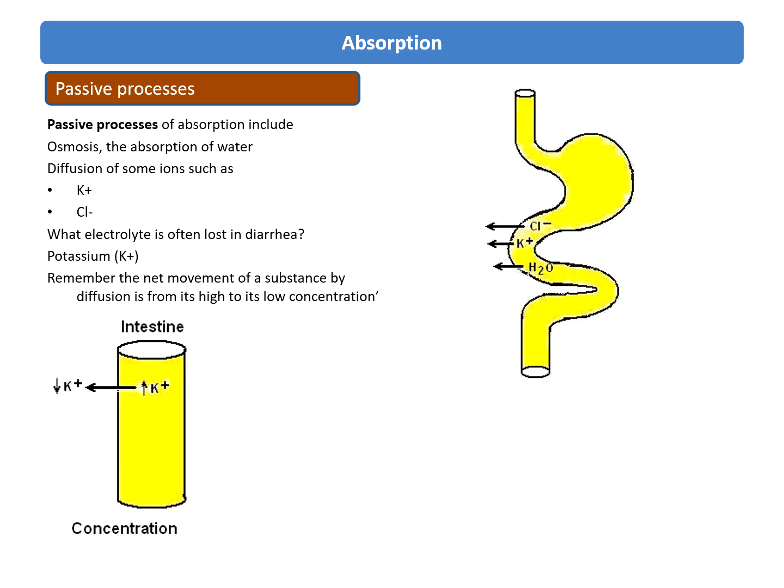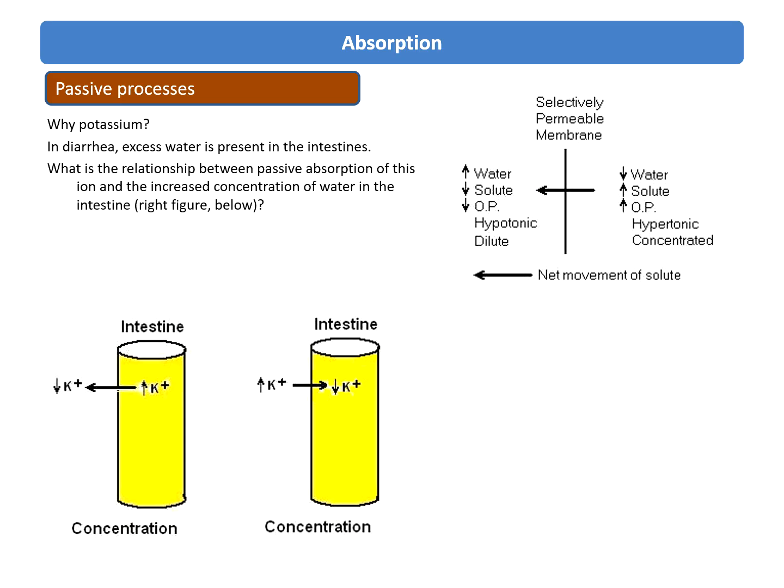So normally potassium is absorbed out of the intestine. Why potassium? In diarrhea, excess water is present in the intestines. What is the relationship between passive absorption of this ion and the increased concentration of water in the intestines?